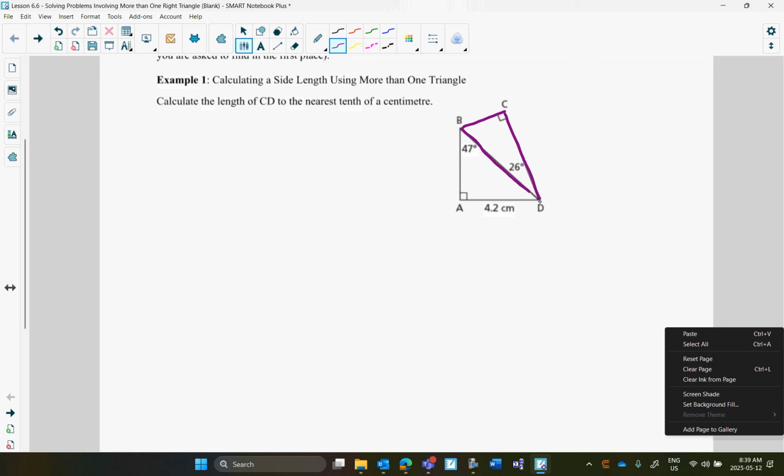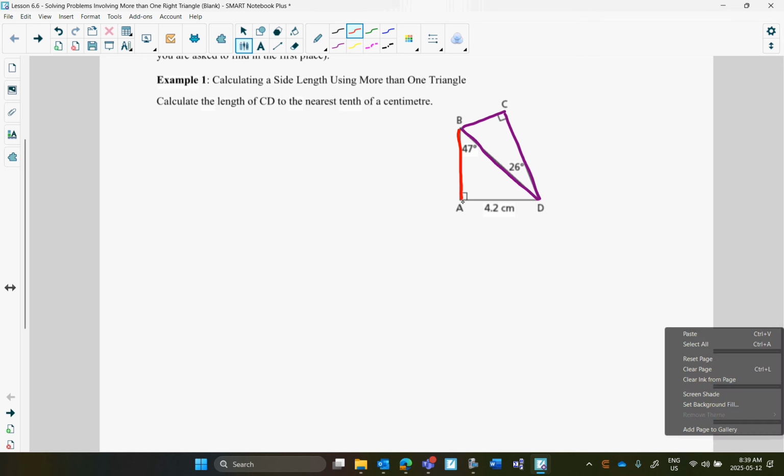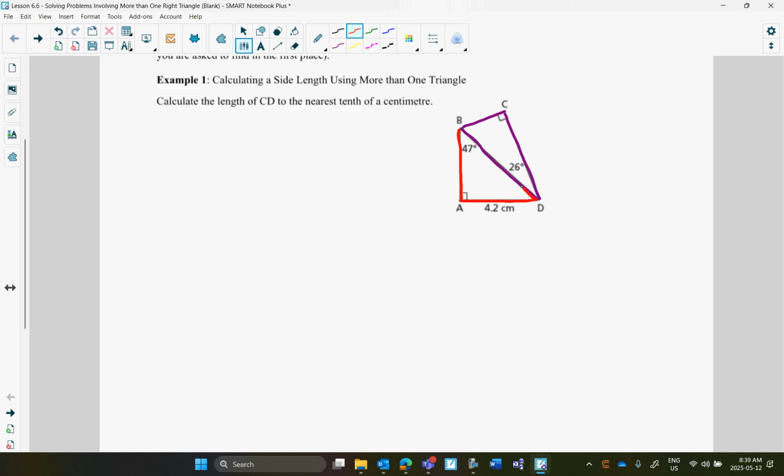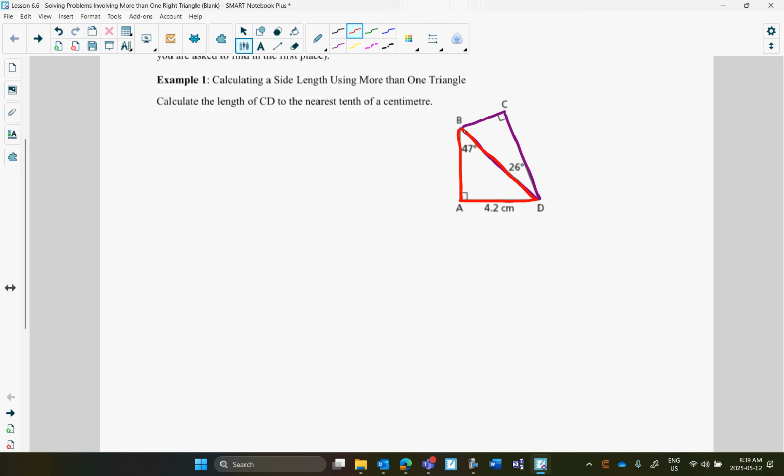But can I use the other right triangle to find some information about the purple one? What side in the red one is part of the purple one?